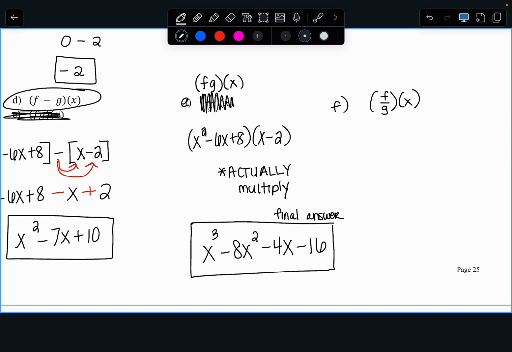And then f divided by g, x squared minus 6x plus 8 over x minus 2. If we could factor, I'm not as concerned with that though. Okay? I just need to know that you know how to set it up.